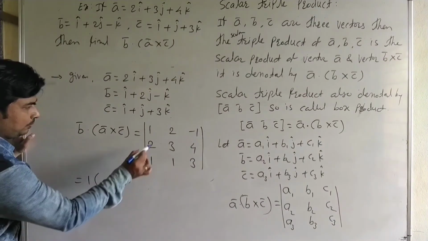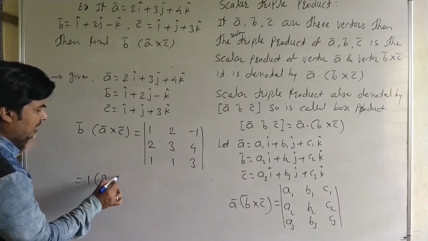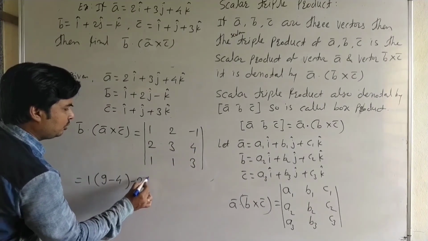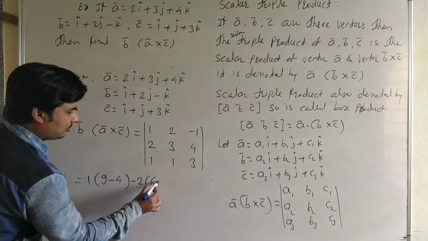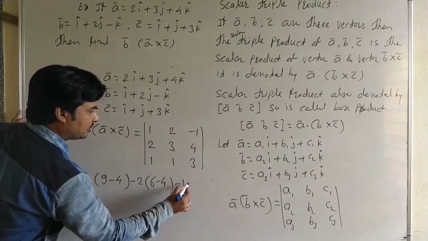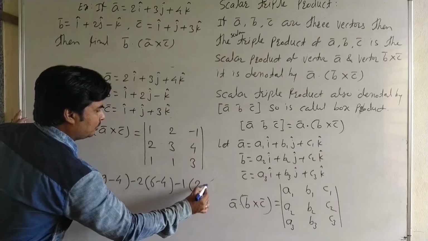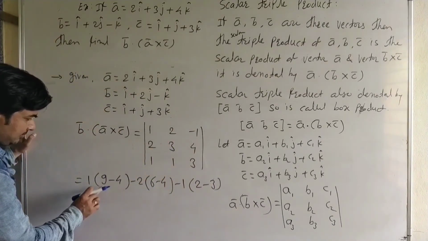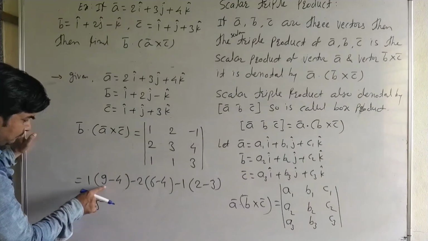It is 1 into (9 minus 4), minus 2 into (6 minus 4), and minus 1 into (2 minus 3). Then we calculate. Here 5, 5 into 1, 5.